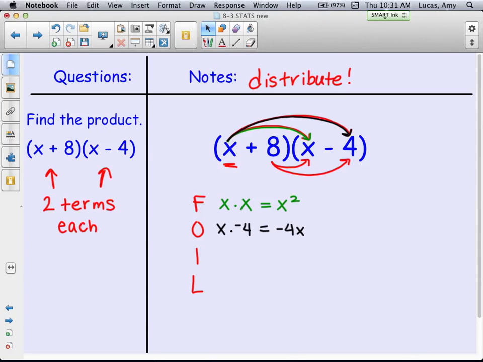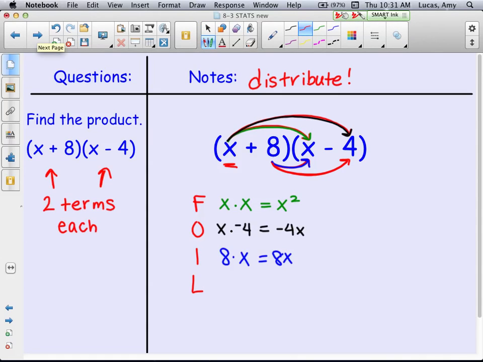Then my third one, I moved over to the 8 and I connected the inner terms. 8 times x is 8x. And then last but not least, 8 times negative 4 is negative 32.